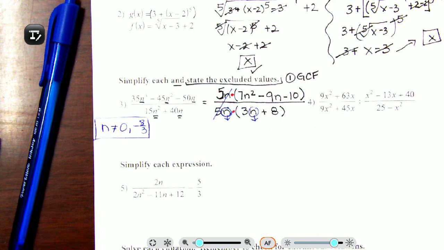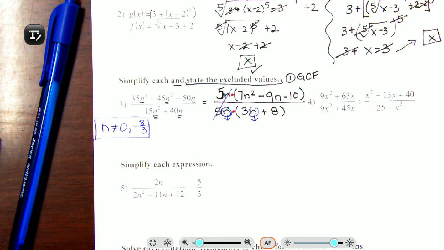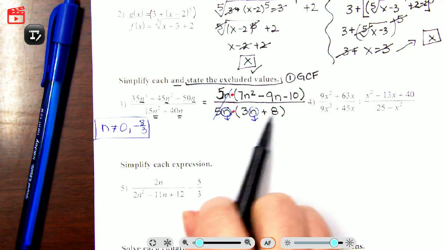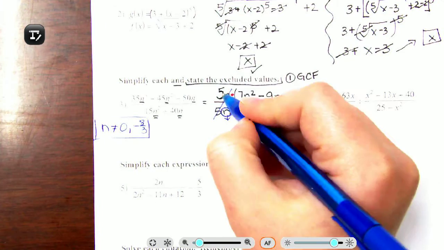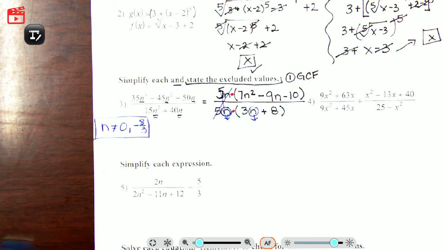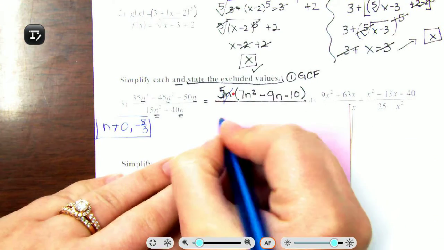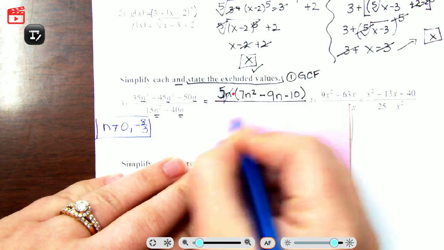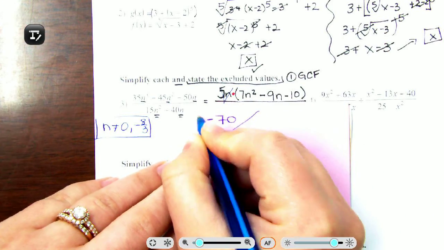Now, we need to continue to factor, okay? This one here is linear, so the exponent on that n is 1. So this denominator cannot be factored any further. Okay. And then this numerator can in fact be factored, and we're going to try. So I have 7 times 10, that is negative 70, and I'm going to use my diamond method.